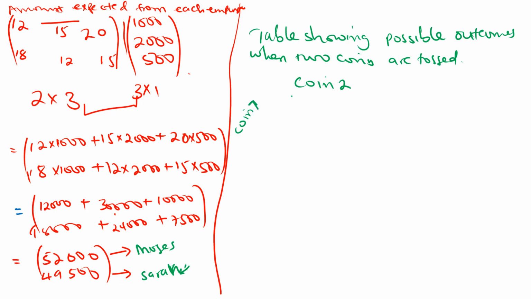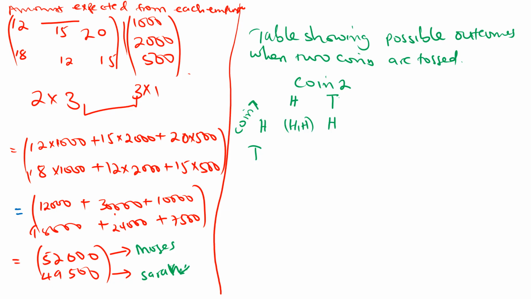Coin 1 is expected to have a head or a tail. And also coin 2 should have a head and a tail. But when I toss those two coins, I can get head for the first coin and also head for the second coin.